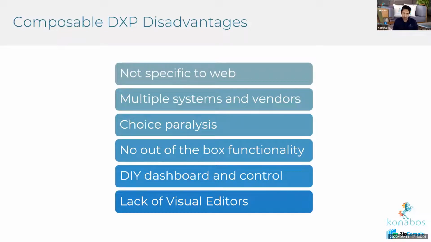You can end up with a bit of choice paralysis as a result of this, but once you've gone through that initial hurdle, looked at the different systems, and figured out which few are going to work for you and your team, you can kind of stick to those platforms.